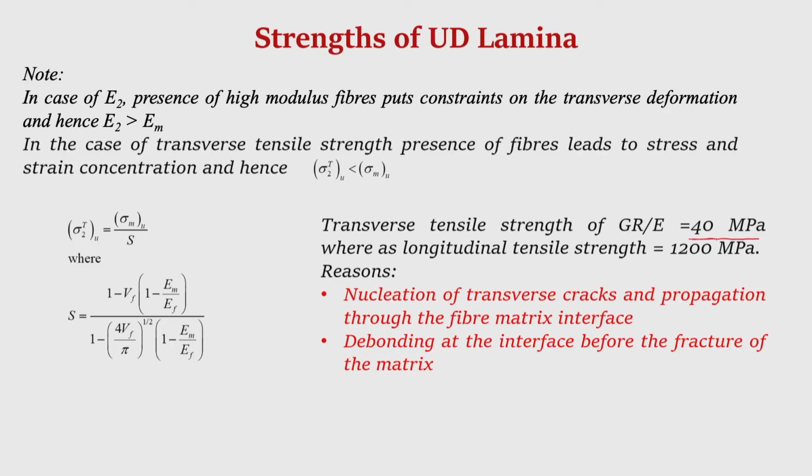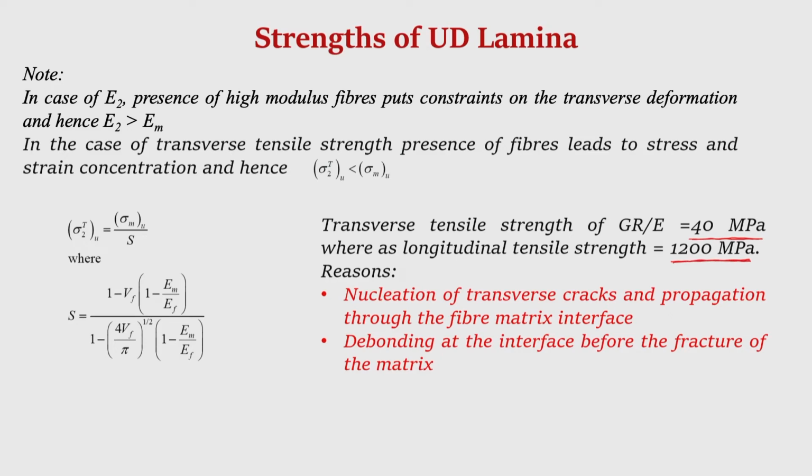But in the case of transverse tensile strength, the presence of the fibers leads to induction of stress concentration in the matrix, and thus the transverse tensile strength of the composite is actually less than that of the matrix. So, the presence of the fibers in the case of transverse tensile strength has a negative effect. For example, for a graphite epoxy, the transverse tensile strength is only 40 megapascal, whereas the longitudinal tensile strength is 1200 megapascal.